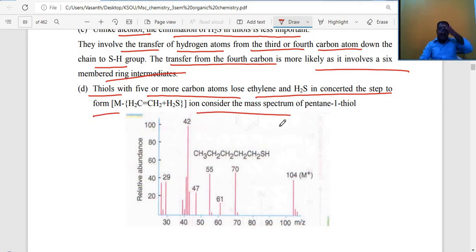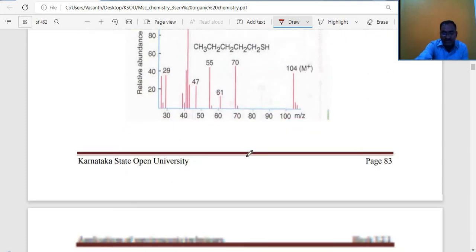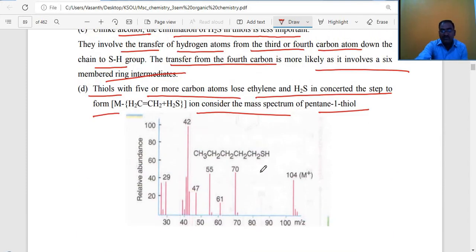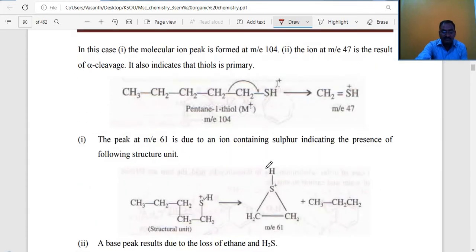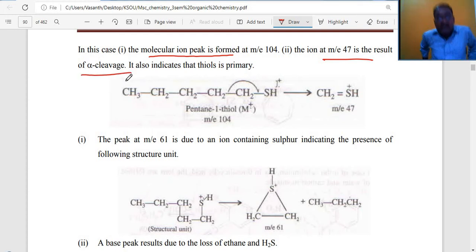This forms M-CH2=CH2-H2S ions. Consider the mass spectrum of pentane-1-thiol. In this case, the molecular ion peak is formed at m/e 104. The ion at m/e 47 is the result of alpha cleavage, which also indicates that the thiol is primary.